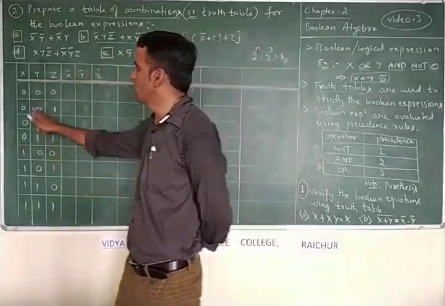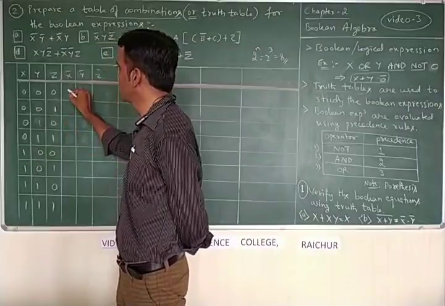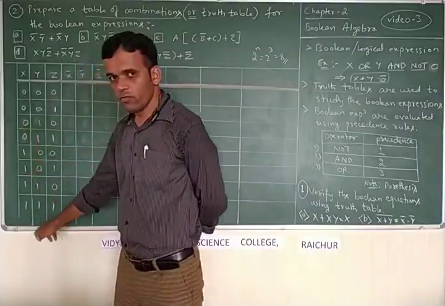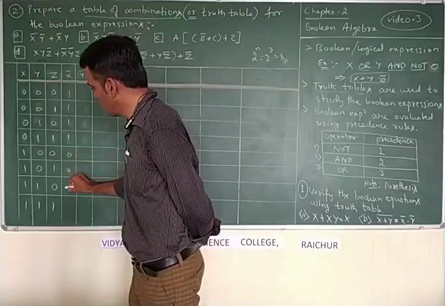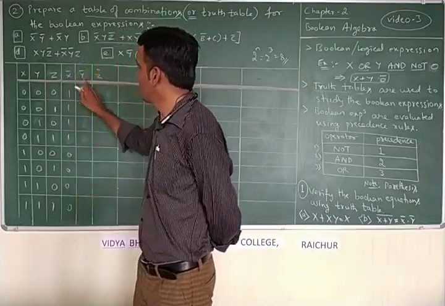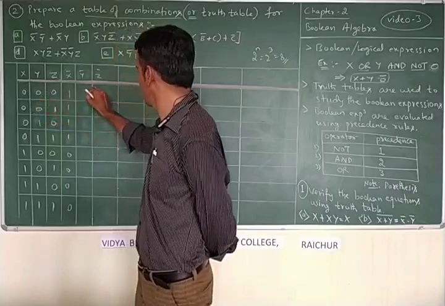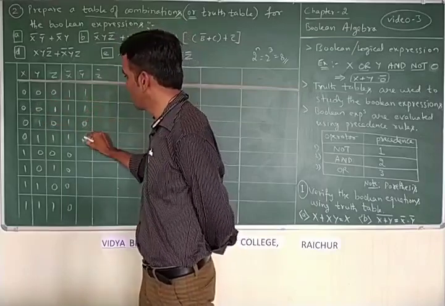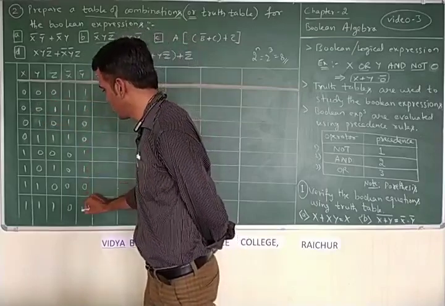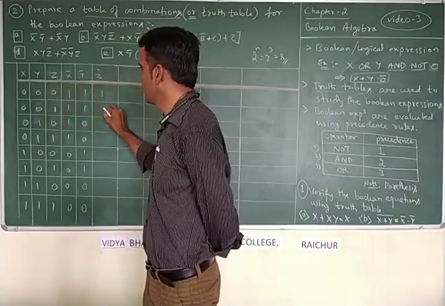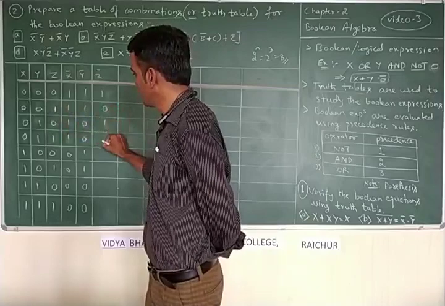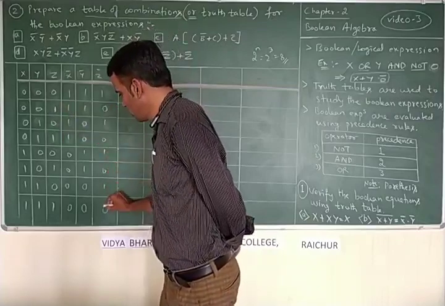So whatever the x column, you just write the reverse of that one. Here 4 zeros 4 ones, so it's going to be 4 ones 4 zeros. Then y bar, 2 zeros are there, so write 2 ones 2 zeros 2 ones 2 zeros. Now z bar, it is 0 1 0 1 0 1 0 1, so write 1 0 1 0 1 0 1 0.